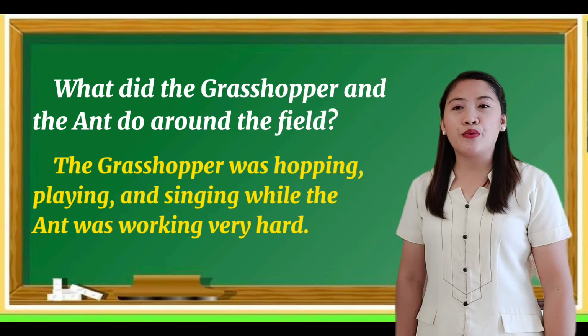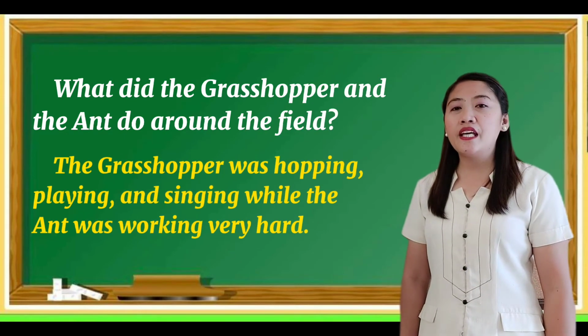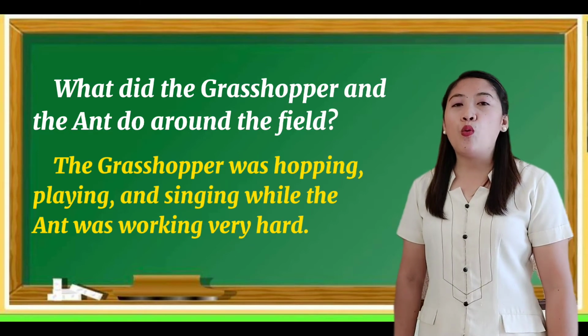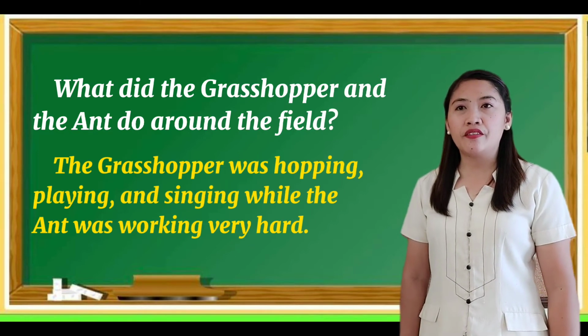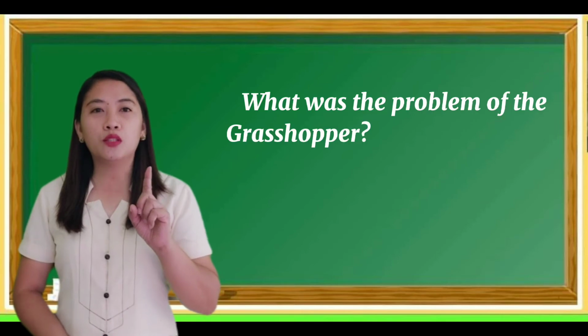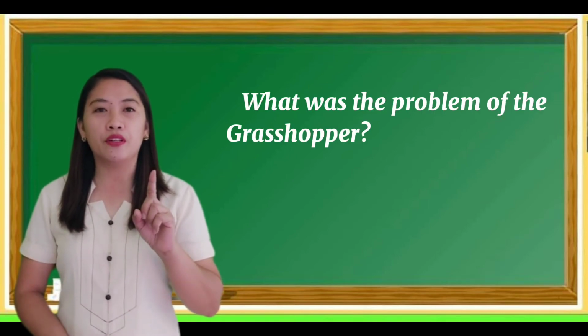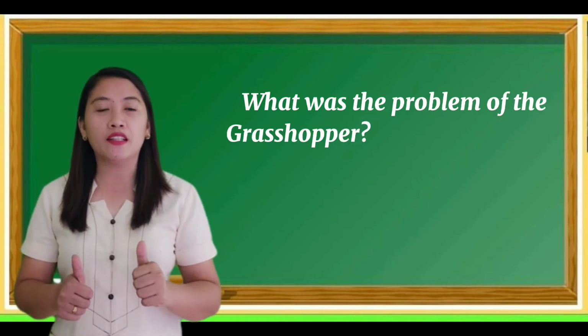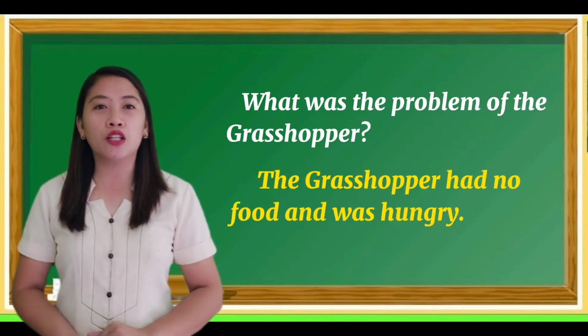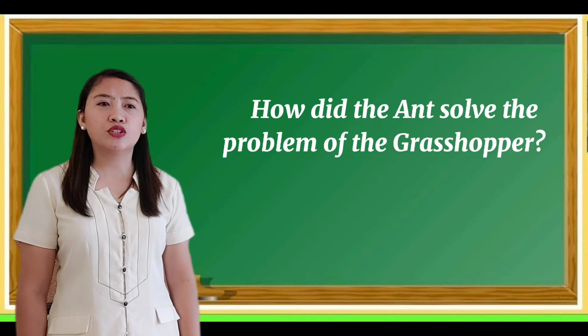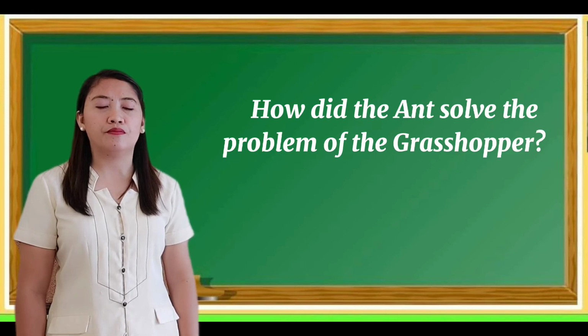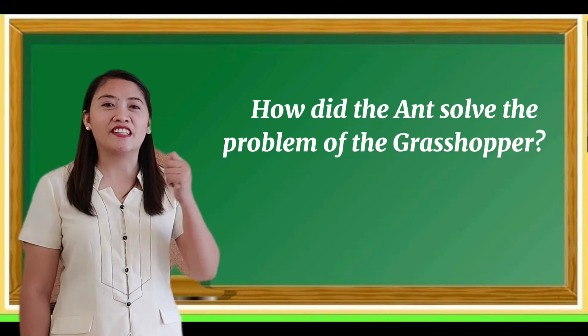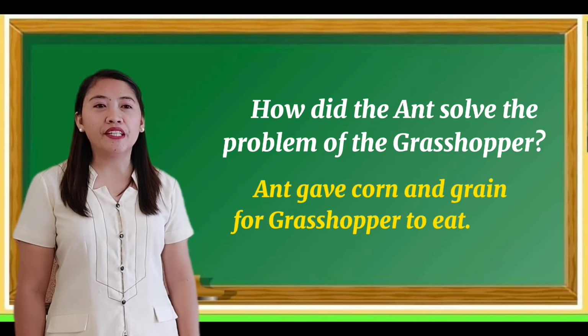The grasshopper was hopping, playing and singing, while the ant was working very hard. What was the problem of the grasshopper? You're right. The grasshopper had no food and was hungry. How did the ant solve the problem of the grasshopper? Correct. Ant gave corn and grain for grasshopper to eat.